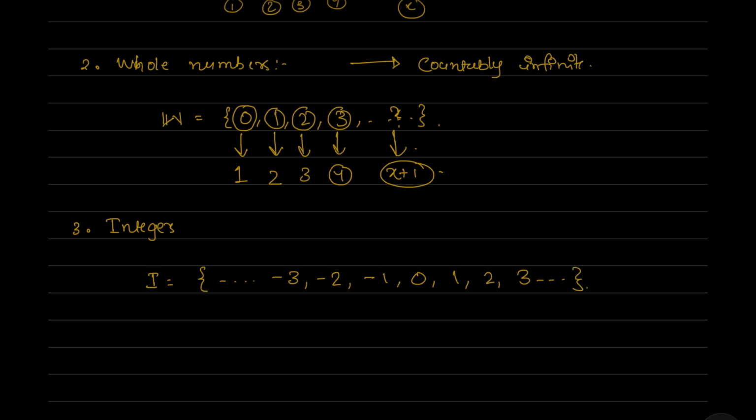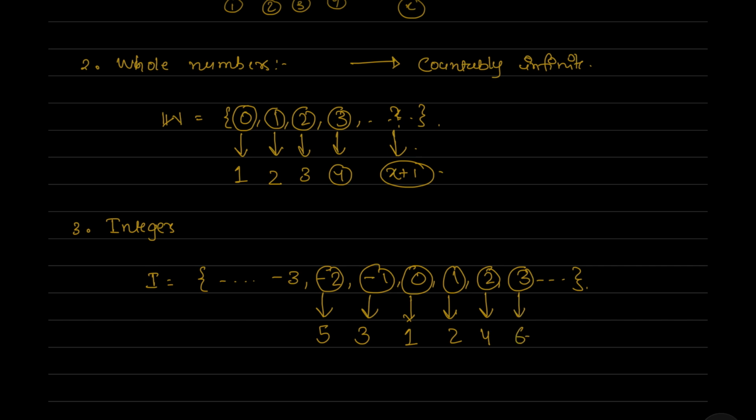Here I can give the integer 0 the room number 1, integer 1 the room number 2, integer minus 1 the room number 3, integer 2 the room number 4, integer minus 2 the room number 5, integer 3 the room number 6, integer minus 3 the room number 7.